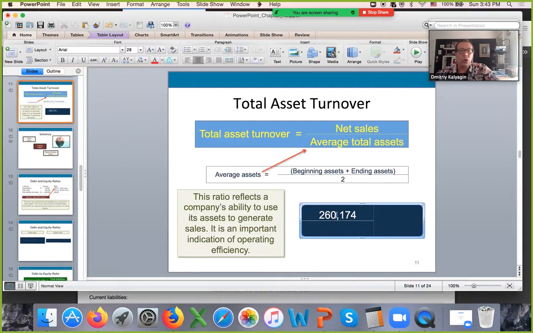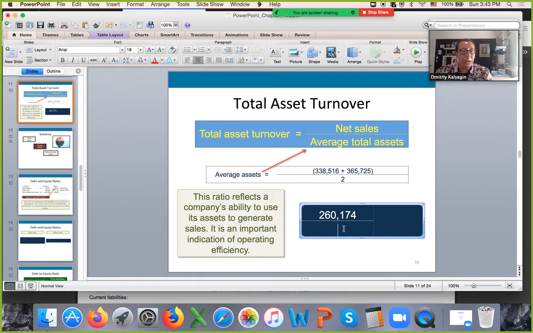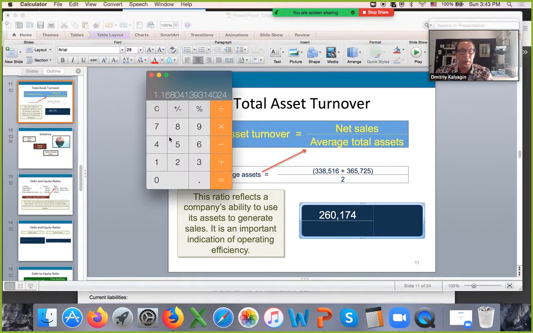So I'm going to just plug it in right here. So my beginning total assets are 338,516 plus 2019 assets are 365,725, and we divide it by 2. And so let me do it on the calculator.